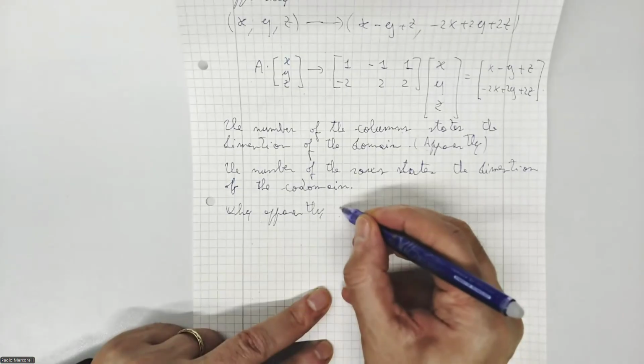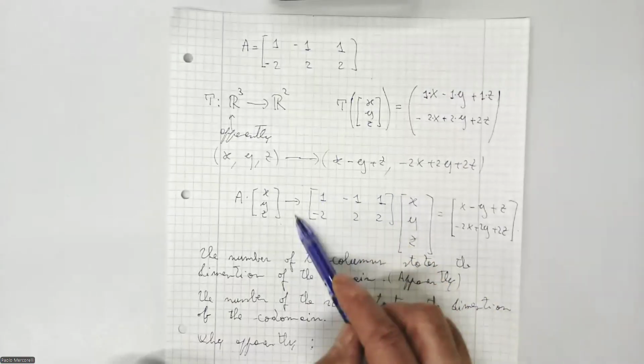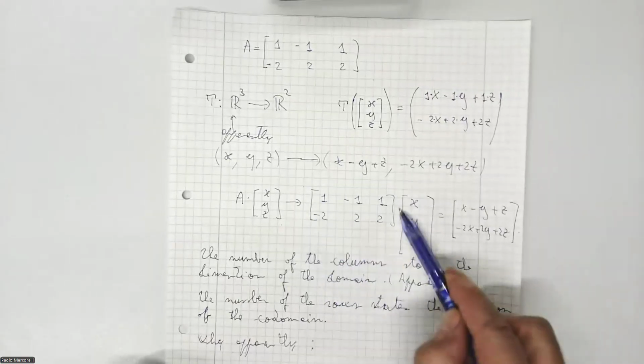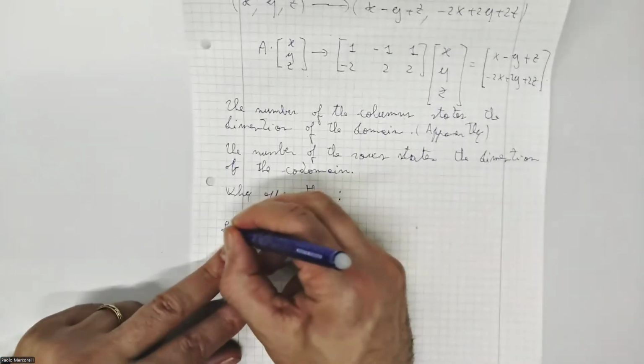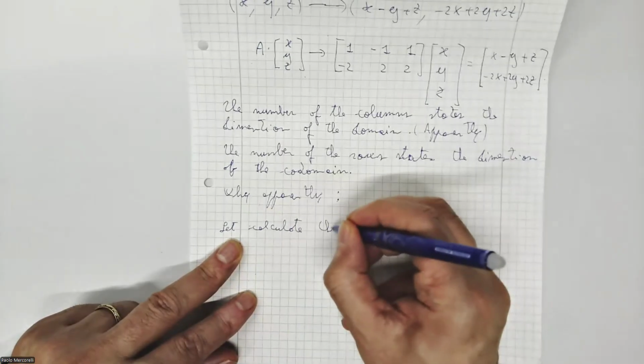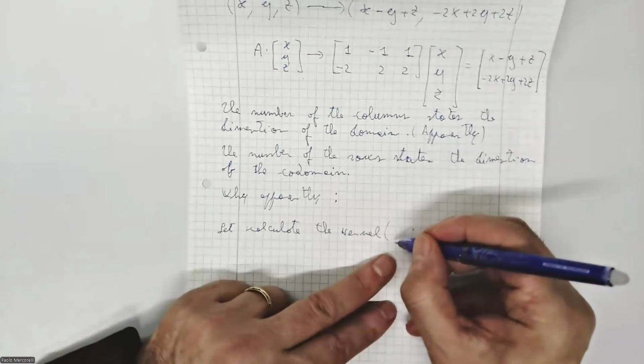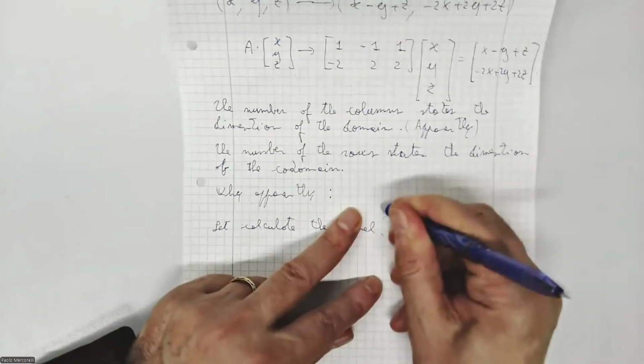Now I try to clarify. Let me calculate the kernel of this. You remember we did it together last time. Let's calculate the kernel, or null space, of A. Now we do this exam exercise.